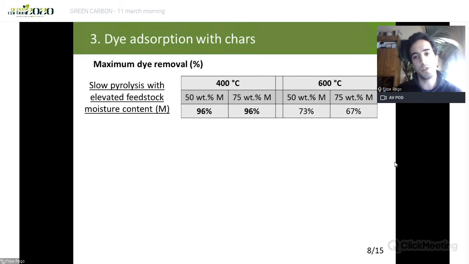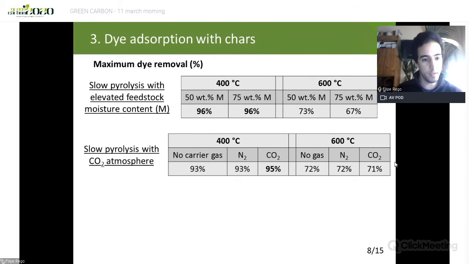And at the highest temperature, no significant change occurred. With CO2 as carrier gas, I saw that the CO2 experiments gave higher capacity than using nitrogen or no carrier gas, which is interesting. And this again occurred at the lowest temperature tested. At the highest temperature, there was no significant difference between the carrier gases.